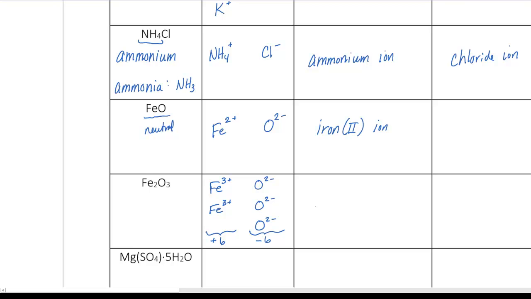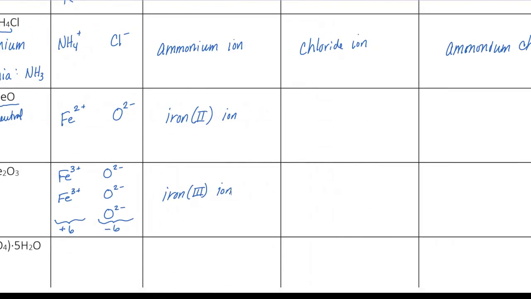And in the second compound, it's going to be an iron(III) ion, again because it has a positive charge of 3+. The oxide ion is still oxide.